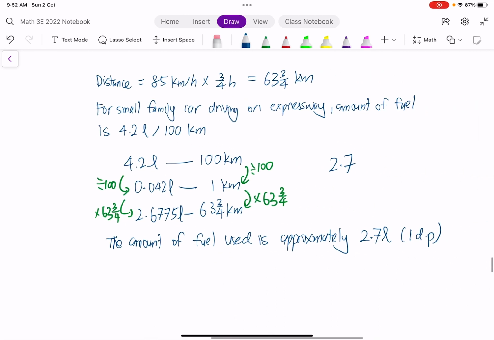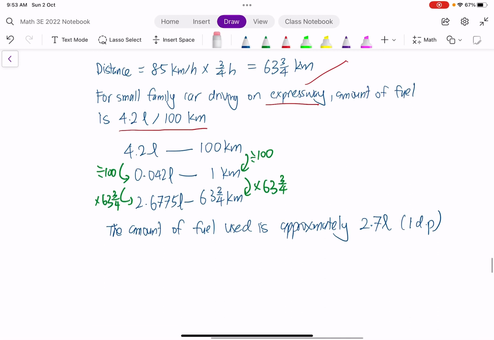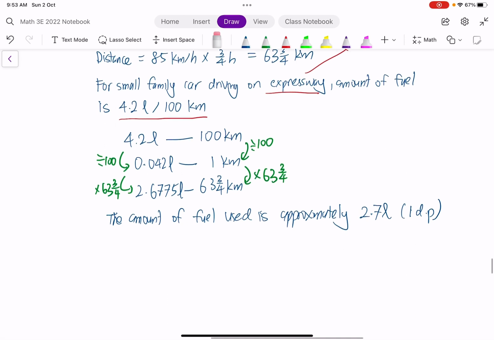As mentioned just now, first you find the distance traveled. Next, notice that for driving on the expressway, you need to be looking at 4.2 liters per 100 kilometers. Similarly, we look at the rate, 4.2 liters per 100 kilometers. Once again, we need 63.75 kilometers over here.